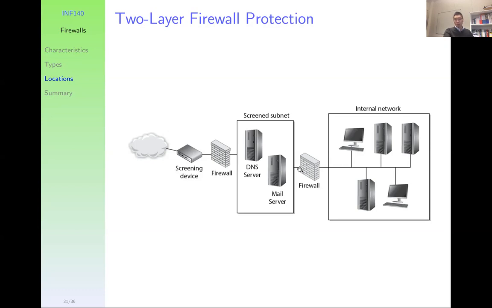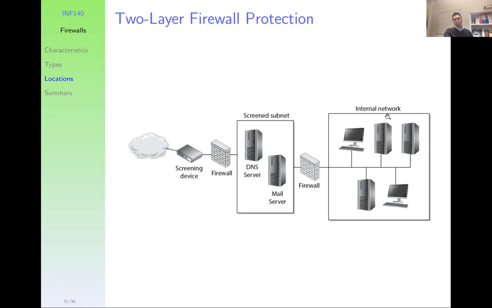And after this, they set another layer of firewall, which has more strict rules. For example, it only allows the computers in the internal network to visit certain web pages, not all the websites.